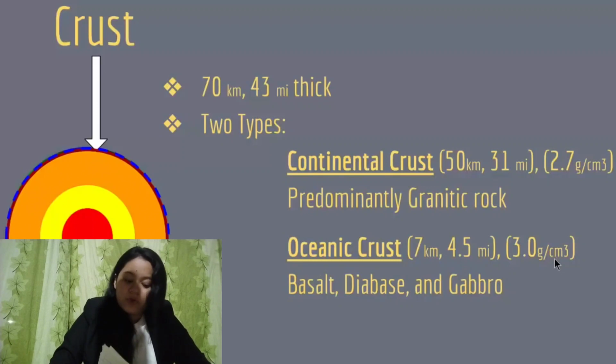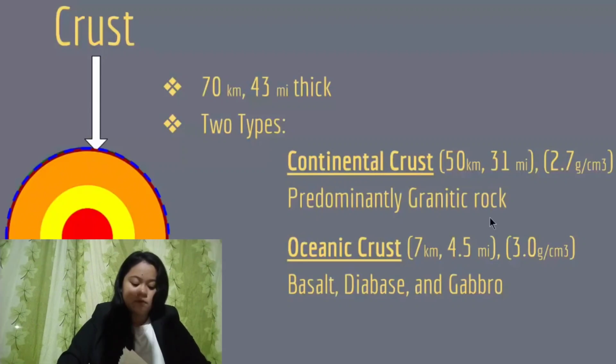As we know, continental crust is about 50 kilometers thick, and its density is about 2.7 grams per centimeter cube. The rocks that we have in continental crust are mostly granitic rocks.